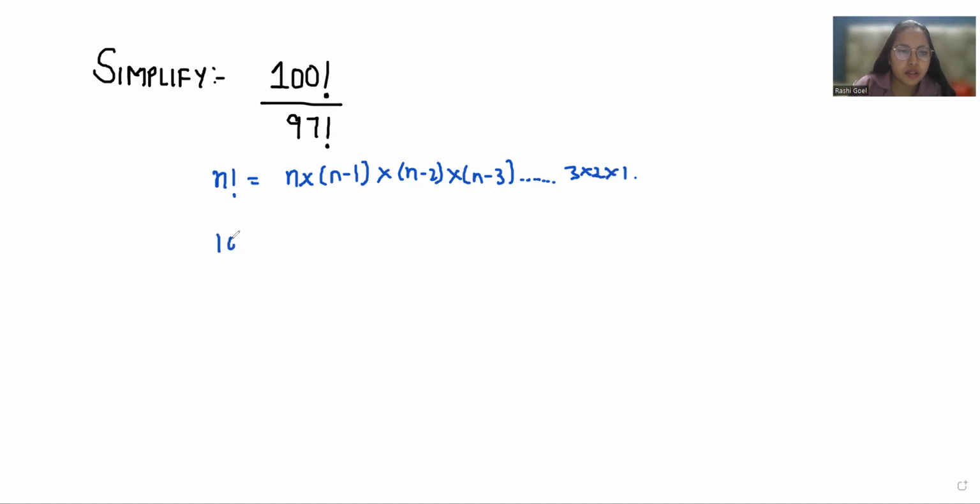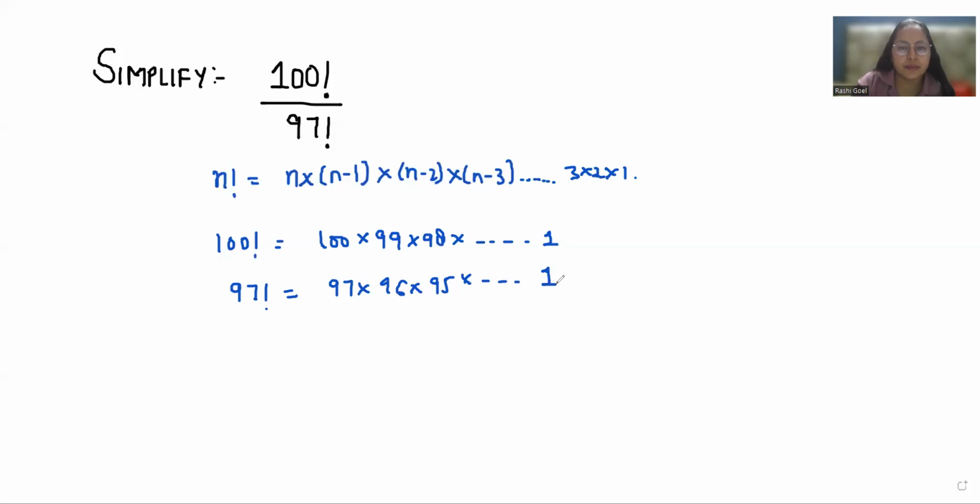So that means 100 factorial is 100 times 99 times 98 times so on till 1, and 97 factorial is similarly 97 times 96 times 95 times so on till 1.